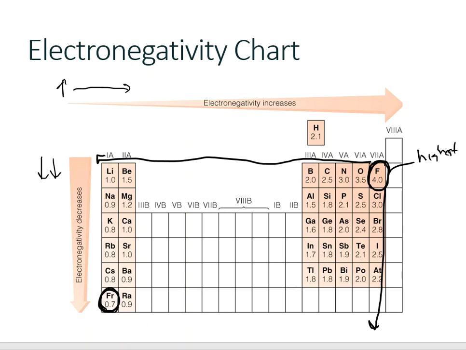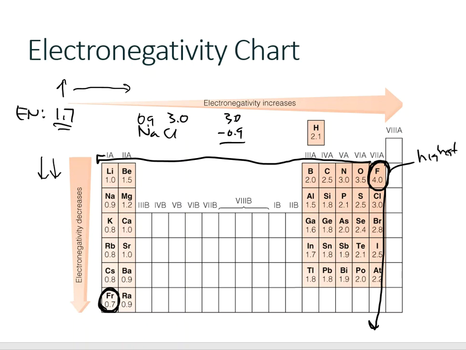So why am I bringing this up? Well, remember that En value. That En value was 1.7. That was the kicker. That was the key. So if I had NaCl, I can go to Na, which is 0.9. I can go to chlorine, which is 3.0. I subtract these numbers. You'll always get a positive number here, all right?